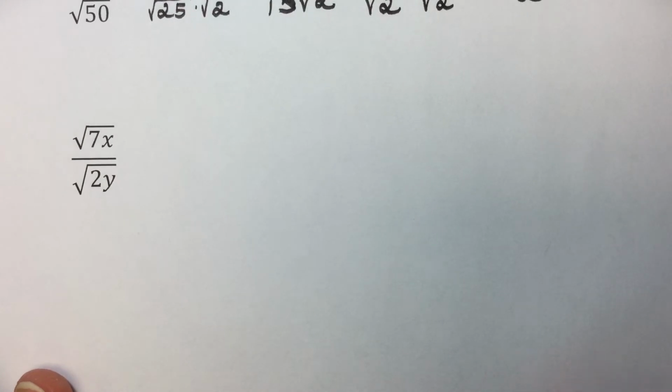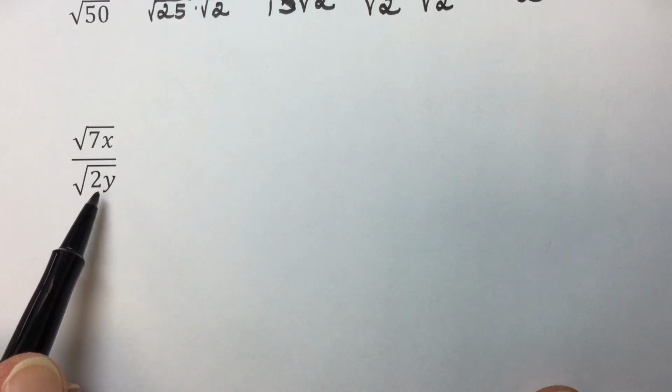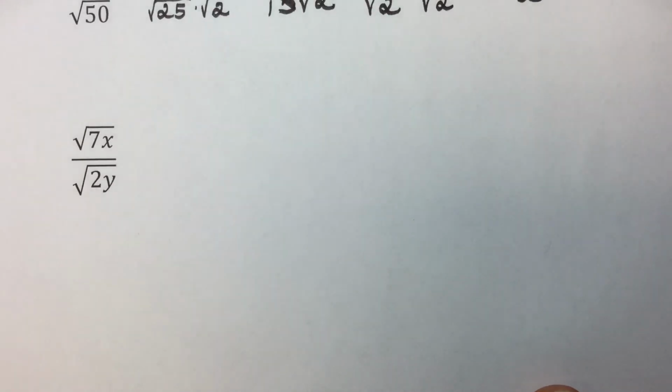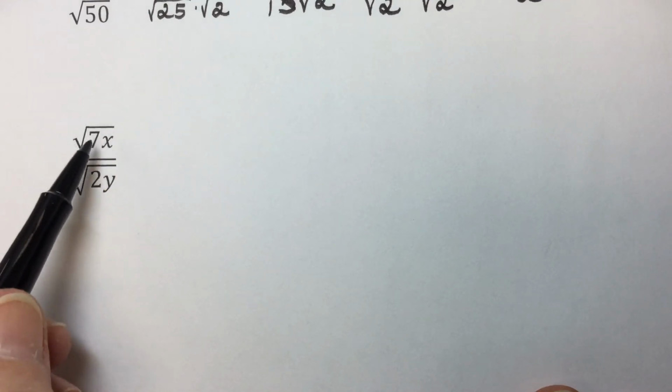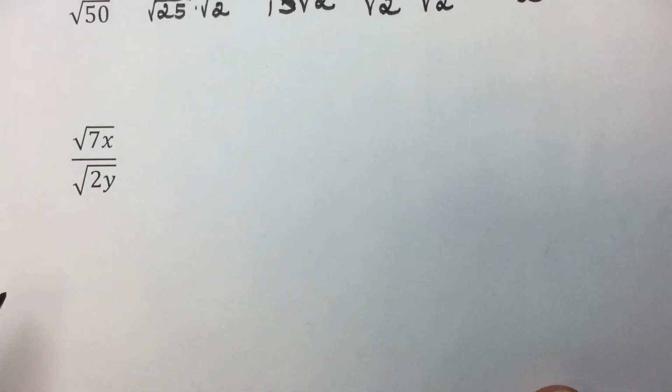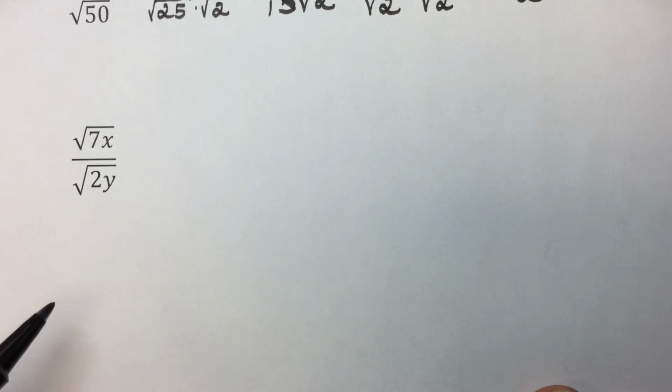In this last example, we cannot simplify either one of these square roots, and expressing it as a single quotient underneath one radical sign doesn't allow for any common factor to be canceled out, so the only thing left is to rationalize the denominator.